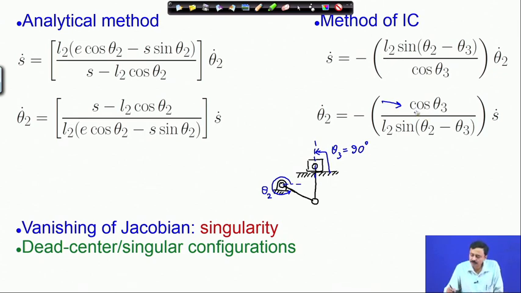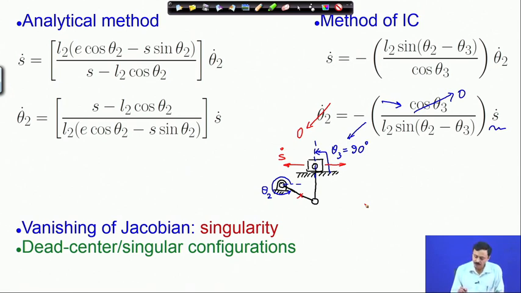So, therefore, this vanishes in this configuration. Therefore, irrespective of the value of S dot, which is the slider velocity, this link is not going to move. Theta 2 dot becomes 0, which means this link is fixed at this configuration.